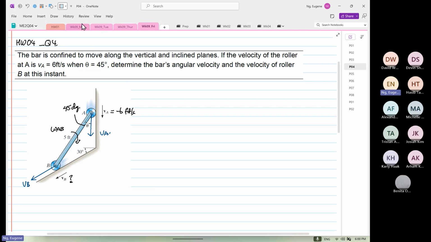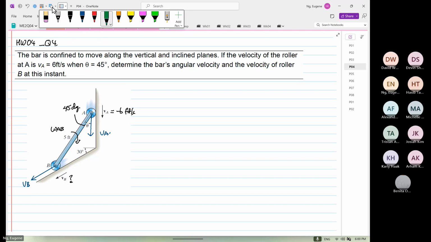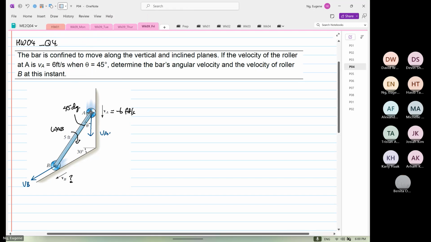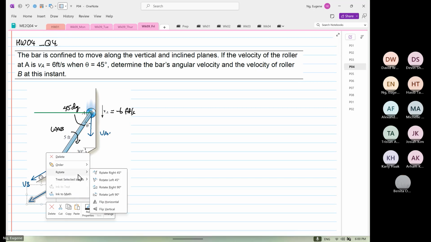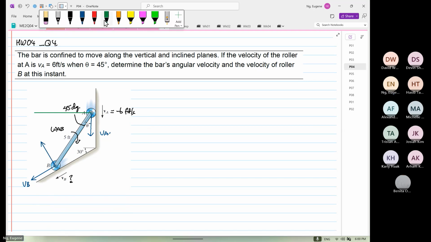So we know we can construct a line, and this line over here will run horizontal. Now the other line will run in this direction.